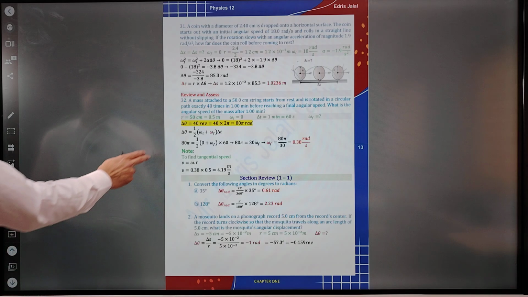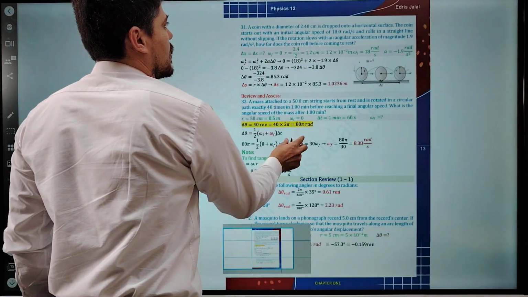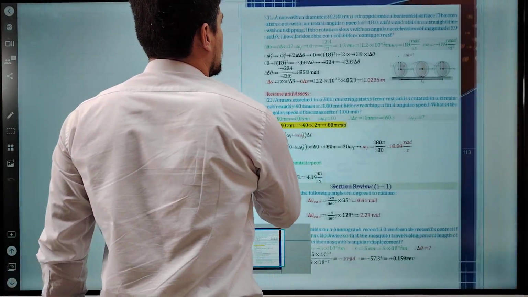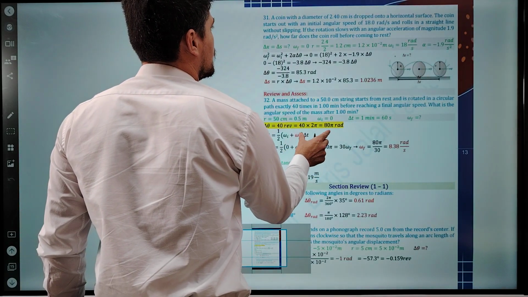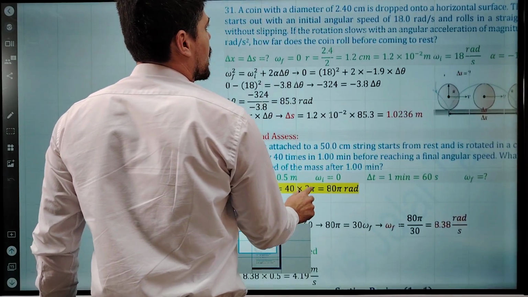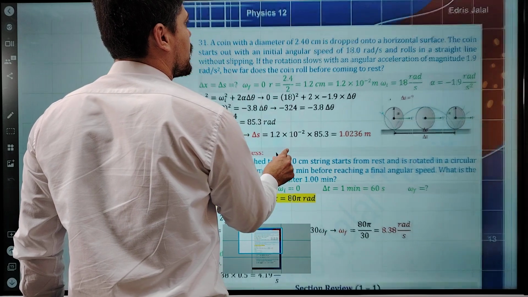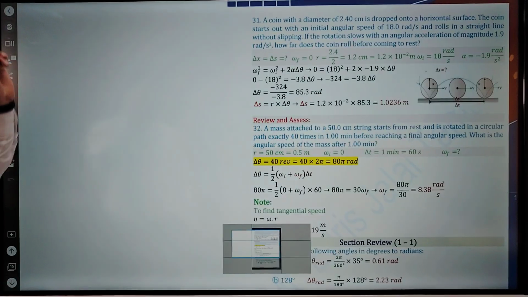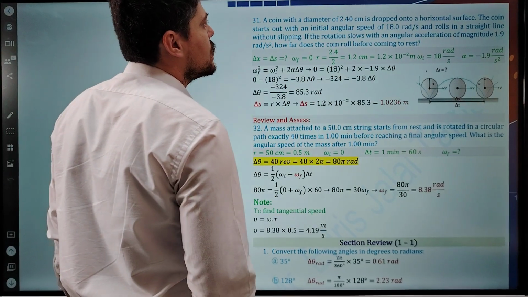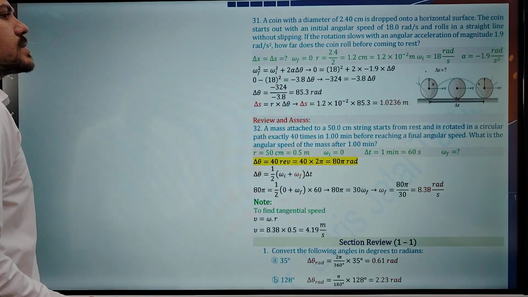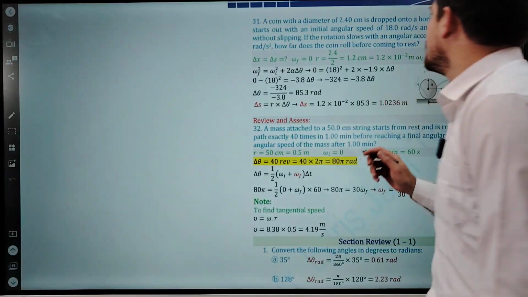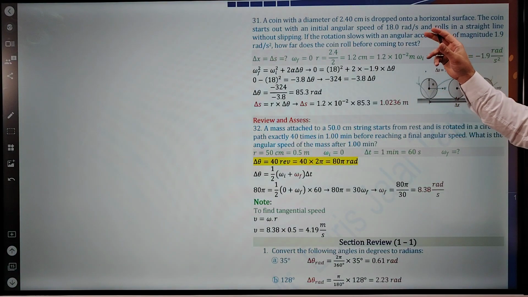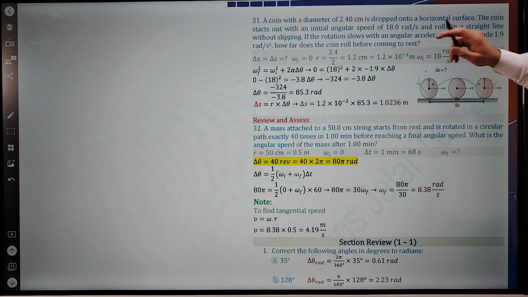Question 31. This question says, a coin with a diameter 2.4 centimeter is dropped onto a horizontal surface. As you can see in this figure, the diameter of the coin is given, 2.4 centimeter, dropped onto a horizontal surface.